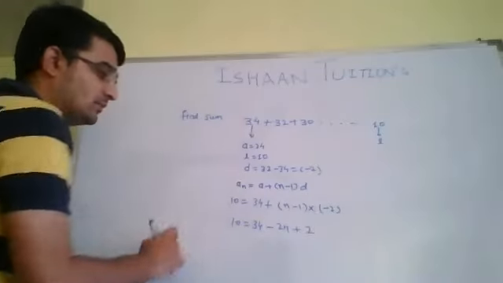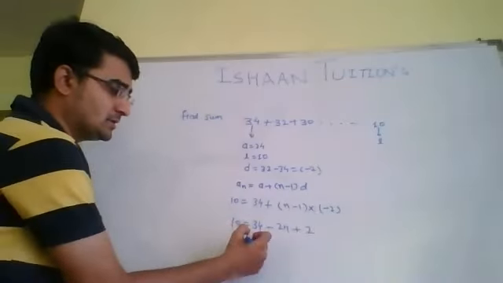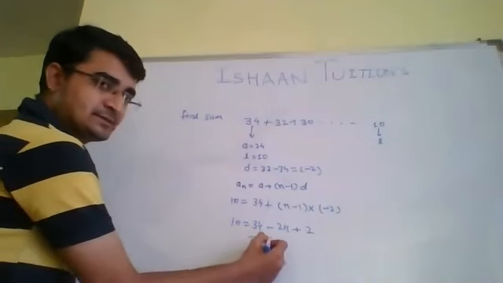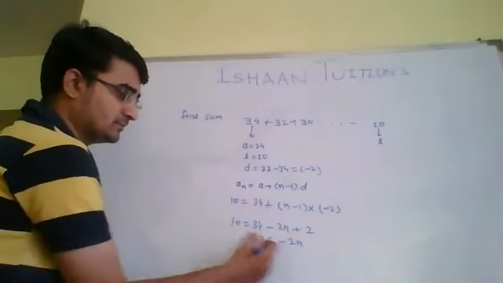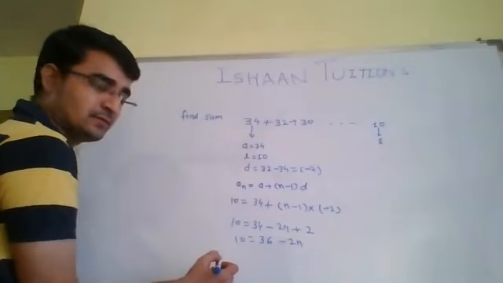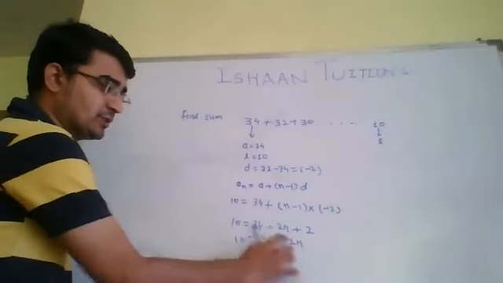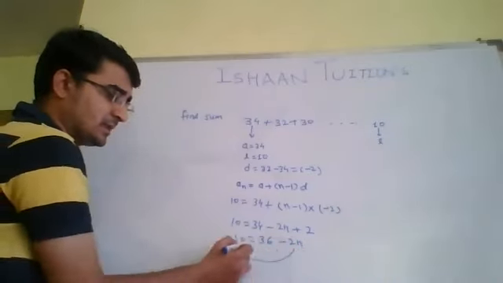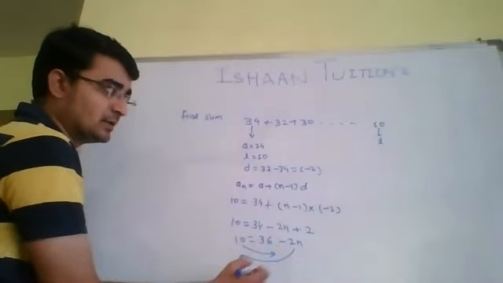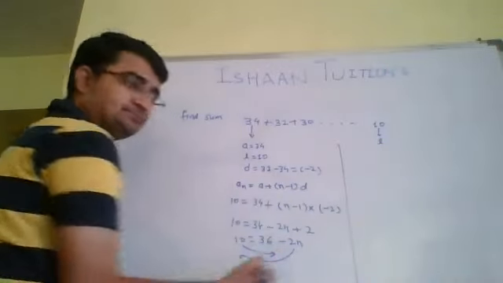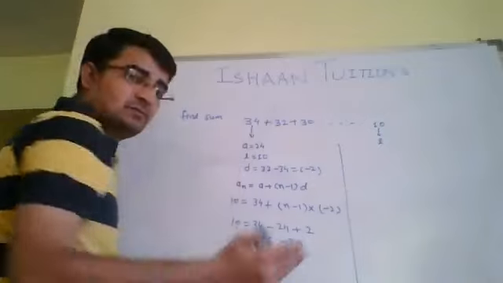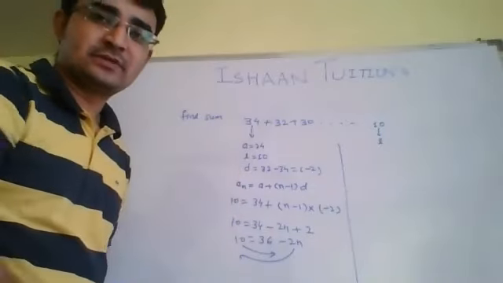This becomes 34 plus 2, 36, minus 2n, equals 10. Take this 2n on the left hand side, and 10 on the right hand side, correct? I'll just solve here because it's not visible, because my laptop is over there.